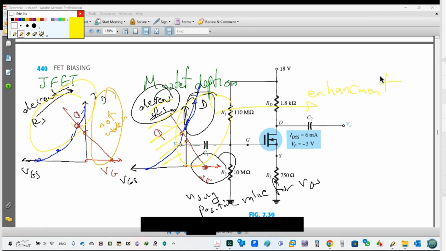The JFET works only in the negative part, but the depletion MOSFET works in the positive part and the negative part. We can consider the depletion MOSFET like a Joker: you can play in all cases. So the depletion MOSFET can work in the negative part like the JFET and the positive part like the enhancement MOSFET. Any question for this comparison?